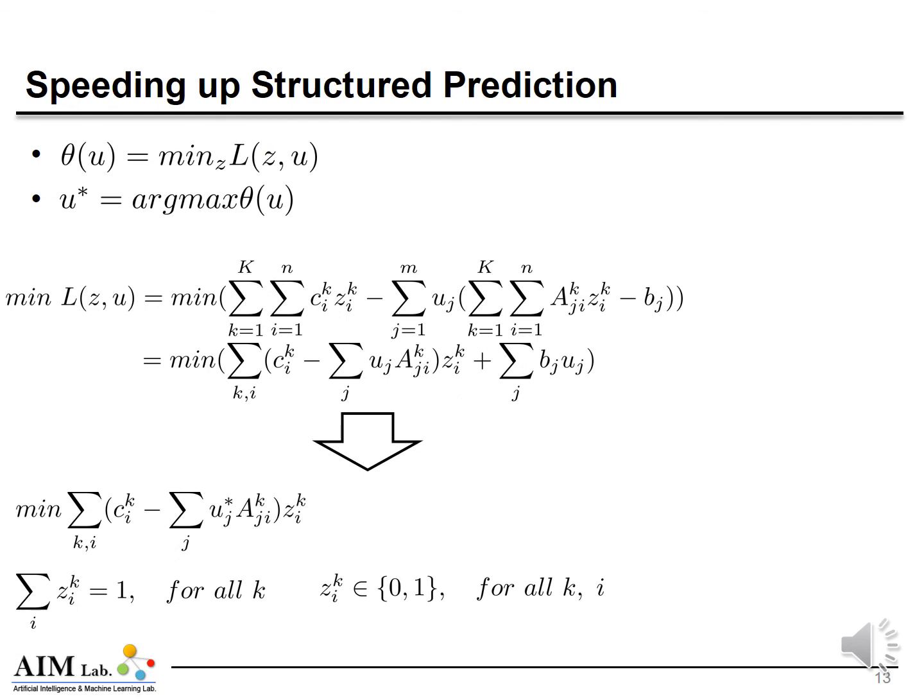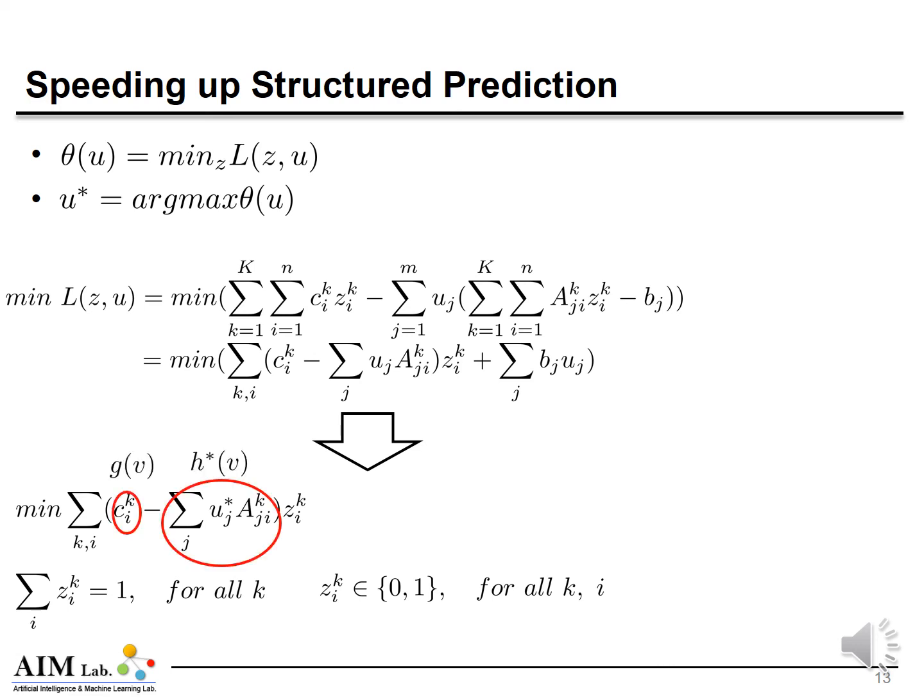The dual function L(U) is the minimization of L(Z,U), where the minimization is over the domain of the z variables, and we denote U star as the argmax of L(U), the solution to the dual problem. And by following the theory of Lagrangian relaxation, the previous minimization problem will solve the original ILP, which is to minimize the summation of C minus the summation of U and A multiplied by Z.